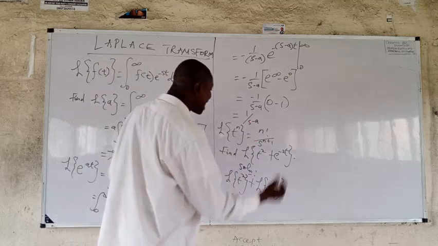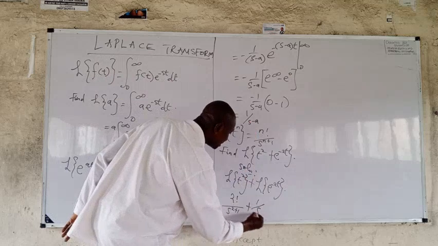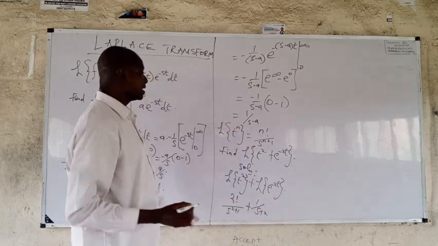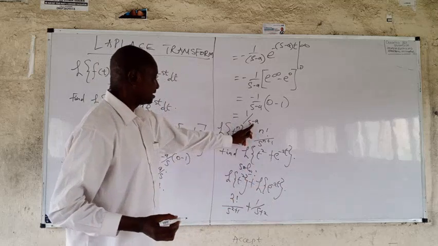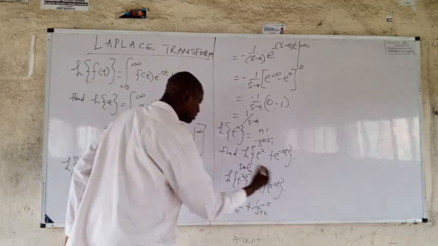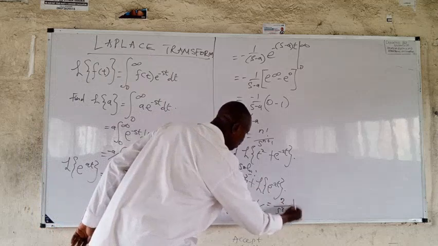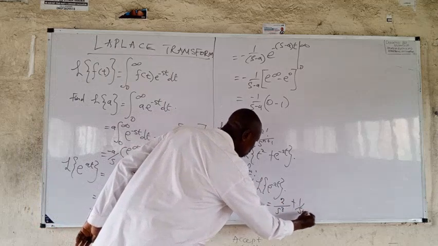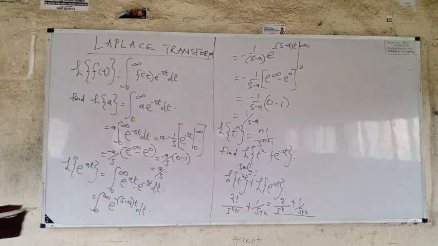So exponent minus 2t will of course give us 1 over s plus 2. Why? The negative sign here will affect this a to give us this. Furthermore, 2 factorial is 2. The final answer will be 2 divided by s cubed plus 1 over s plus 2. That is the answer for this Laplace problem.